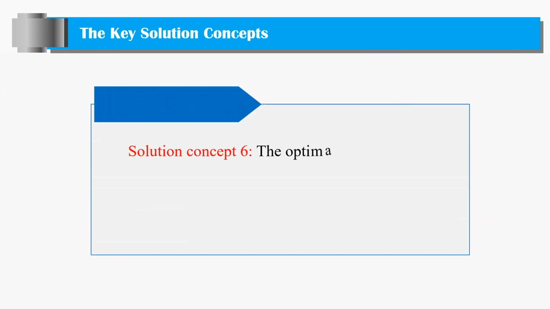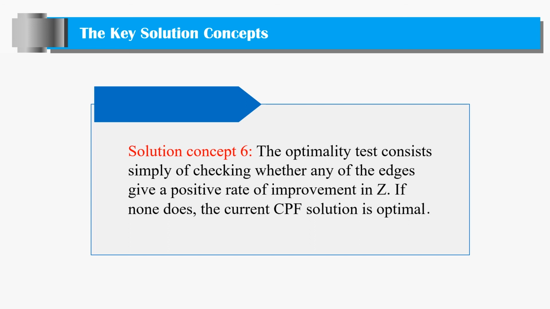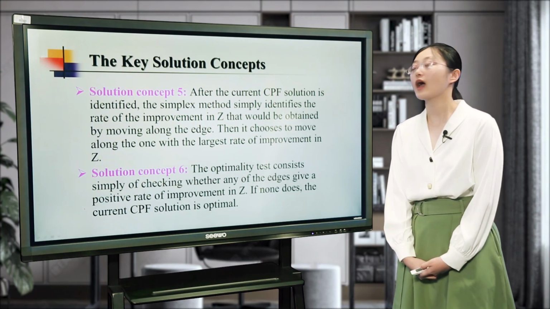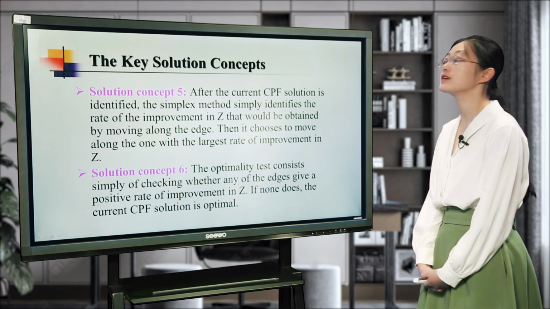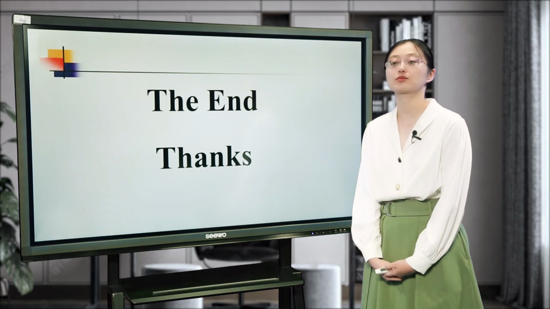Last, the optimality test consists simply of checking whether any of the edges give a positive rate of improvement in z. If none does, then the current CPF solution is optimal. So next time, we're going to talk about the algebraic interpretation of the simplex method. Without pictures, how do we actually solve a linear programming problem?